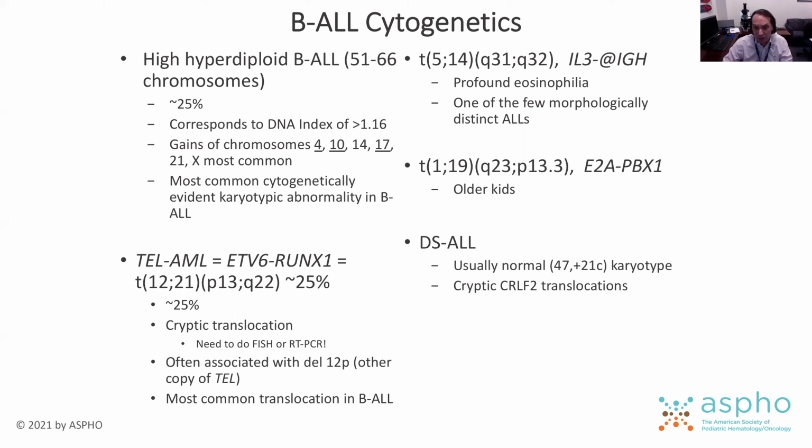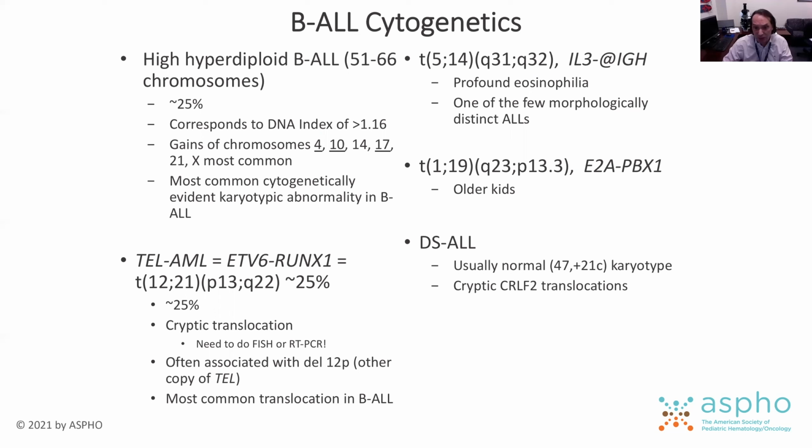Other phenotypically characteristic ALL cytogenetics include the t(5;14), in which the patients have profound eosinophilia, which is a reactive eosinophilia. The t(1;19) E2A-PBX1 or TCF3-PBX1 translocation is often associated with ALL in older children and was once thought to have a poorer prognosis.